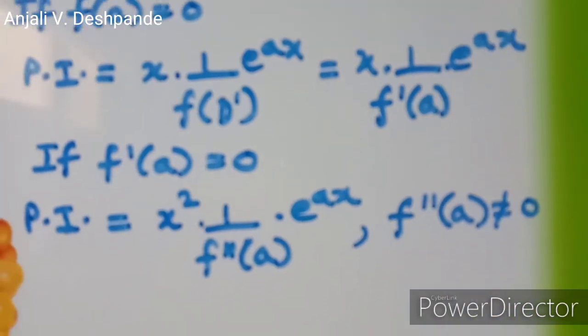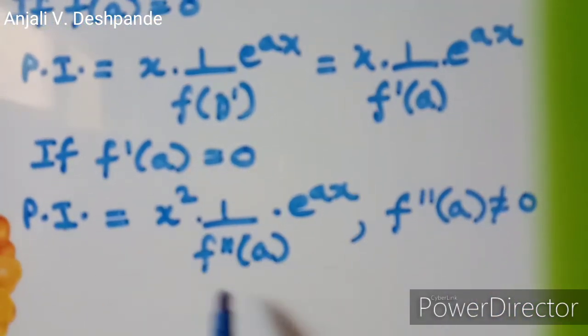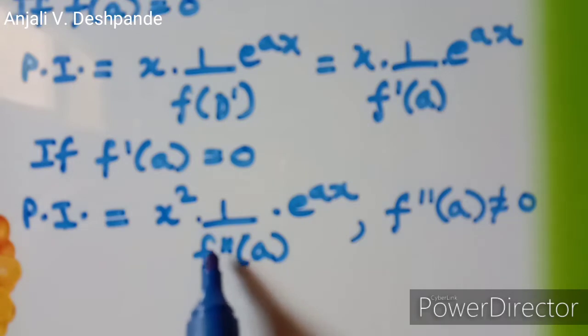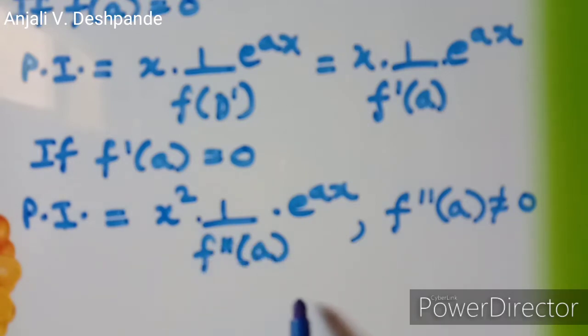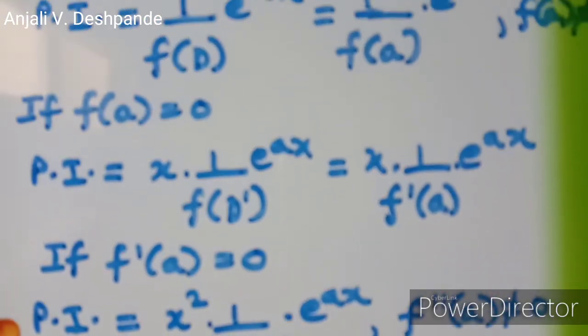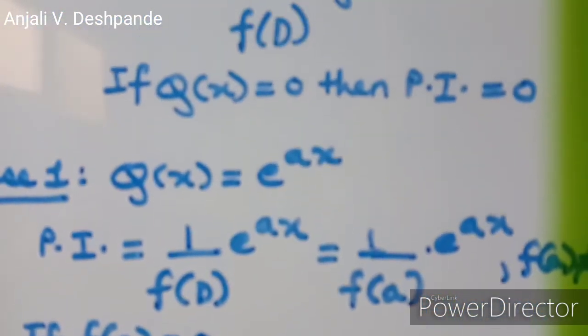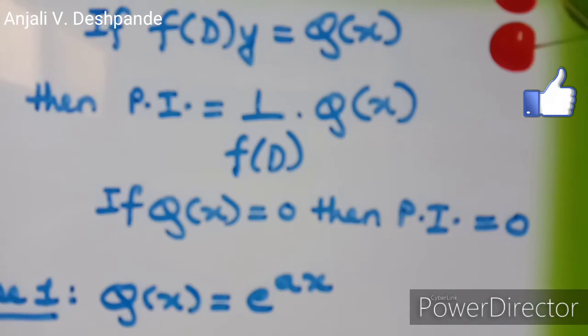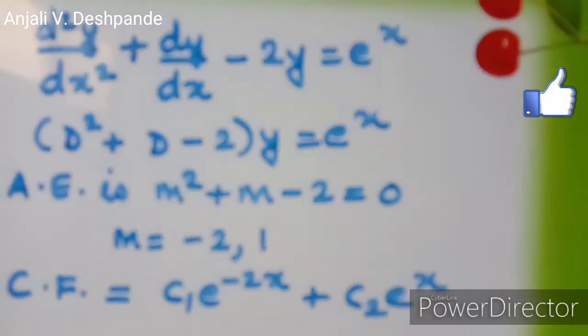So we have to continue the series like this. If this is equal to 0, then next round we will have f''', that means third derivative, and so on. So these are the cases. Now we will see the solved example. That means I will solve the example for you based upon this case.